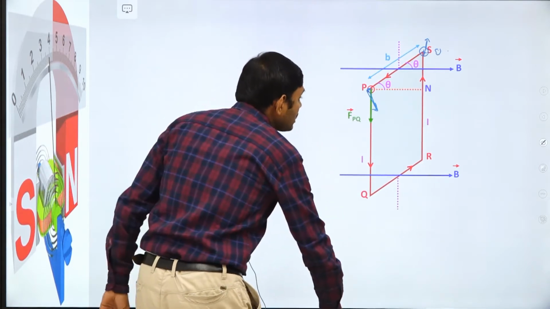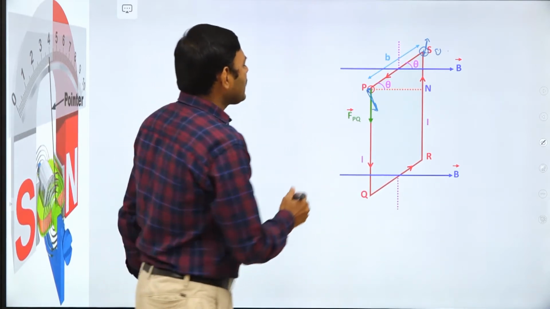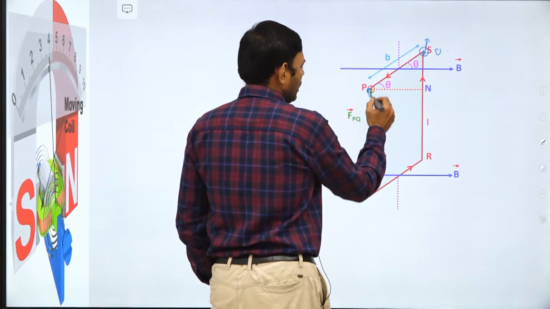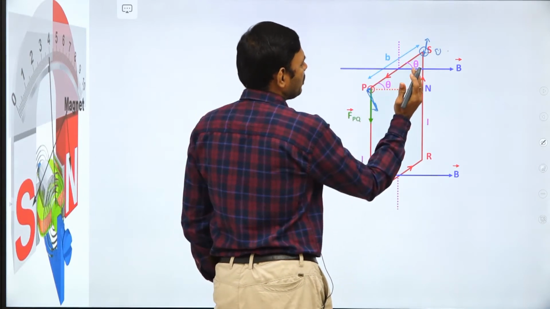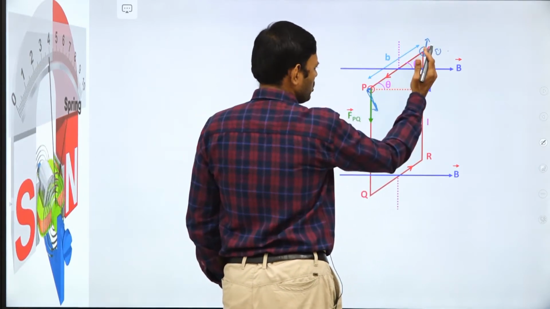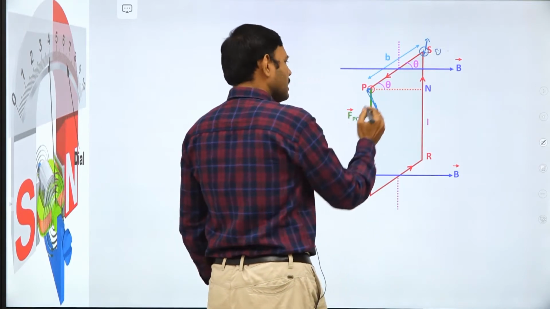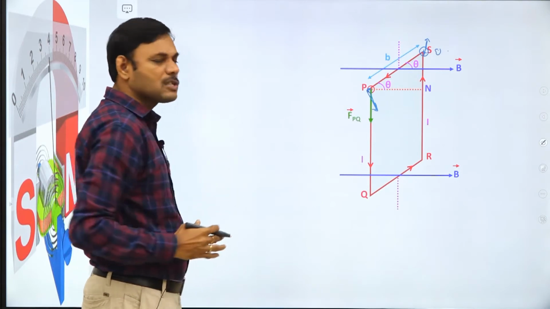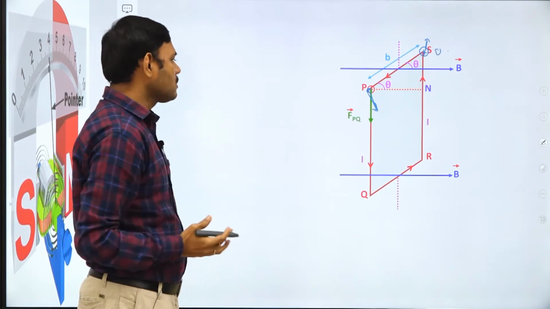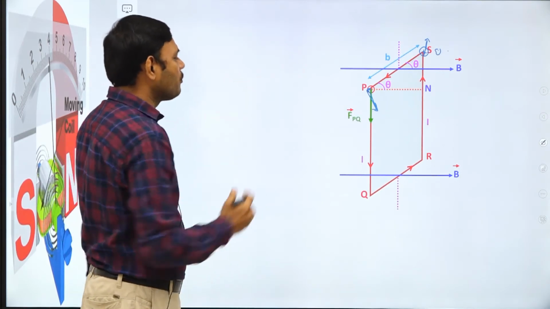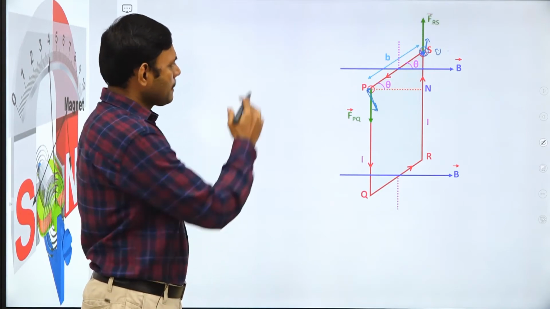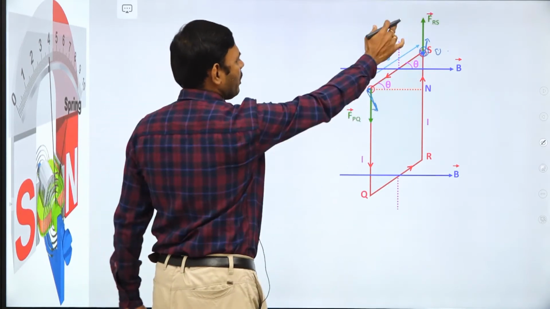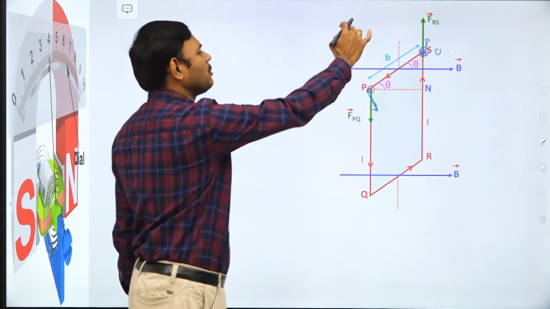Then in this situation, the perpendicular distance between FPQ, which is out of the board, and FRS, which is into the board, is Pn. Students, this is the important point. See the animation: FPQ, FRS, out of the board and into the board forces.